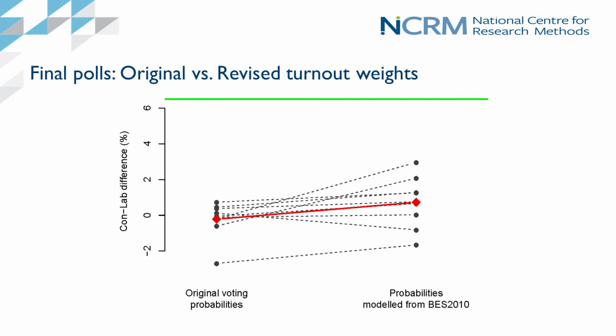So here's an example of the third kind, the sensitivity analysis. On the left you have the final polls, as they were, using whichever kind of turnout probability model the companies used.